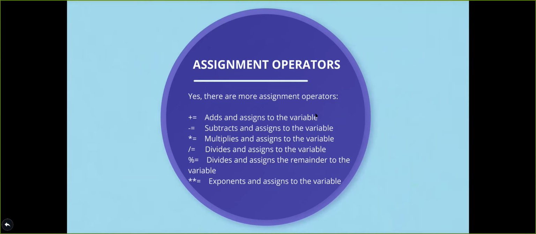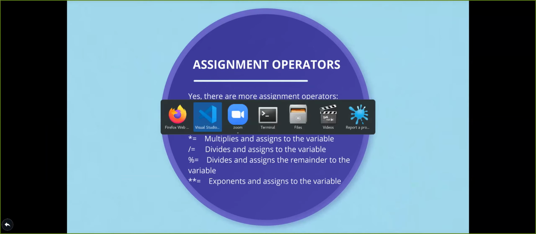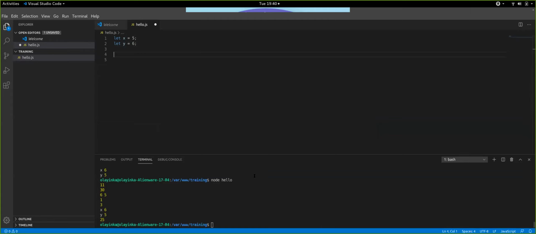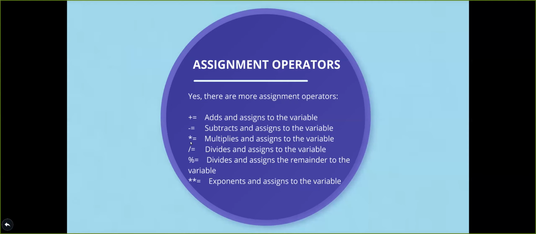Okay? And what they do is they make the code a little easier to write. So let's start off from here again. Right? And what we have is the plus equals, minus equals, multiply equals, divide equals. What they do is they perform the operation and then save it back, right?